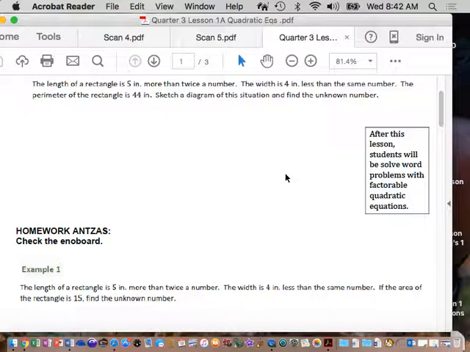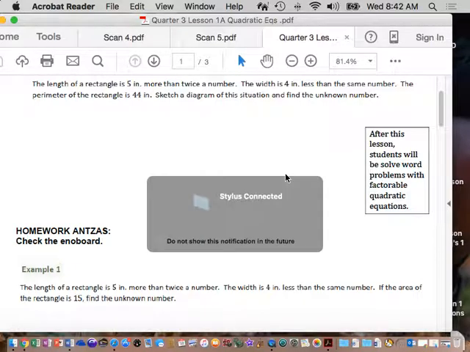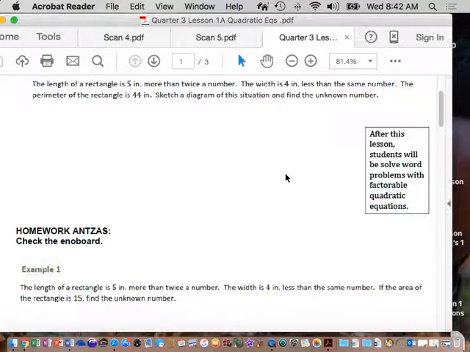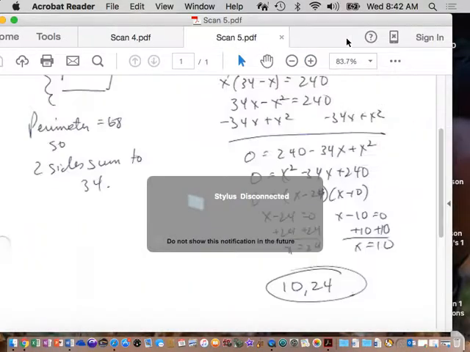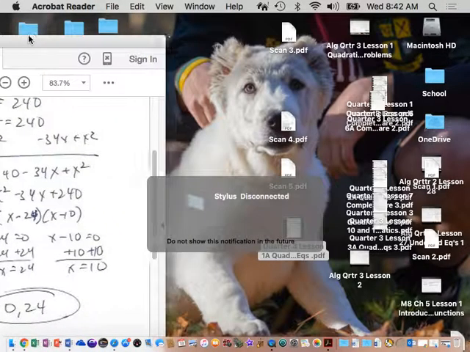Length of a rectangle is 5 inches more than twice a number. I wish it would say, and the width is 4 inches less than the same number. Perimeter is 44. That's not what you have. Oh, this is 1A. Why is 1A there? Oh, that shouldn't be. Oh, not good.